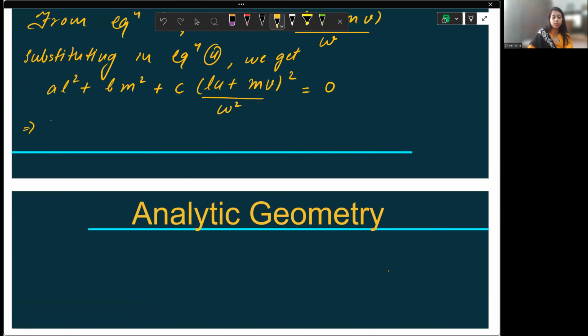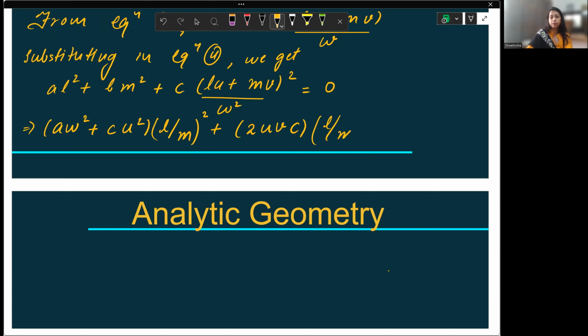So it implies it is (AW square plus CU square) times (L by M) whole square plus 2UVC (L by M) plus BW square plus CV square, that is equal to 0.